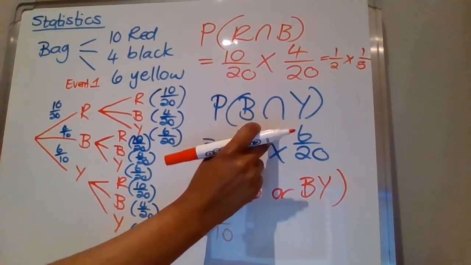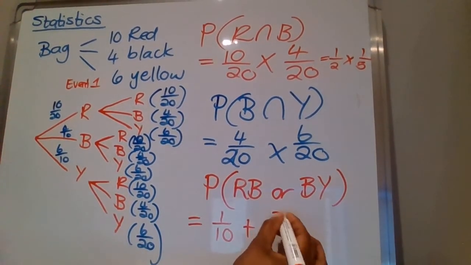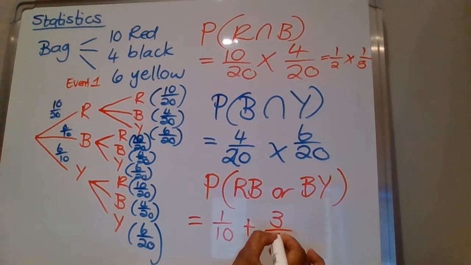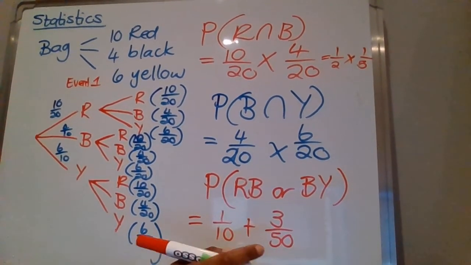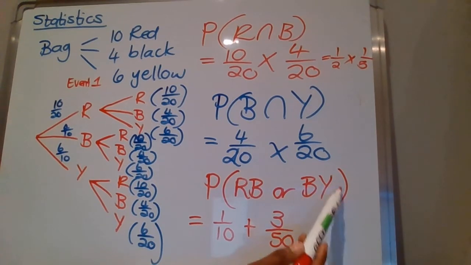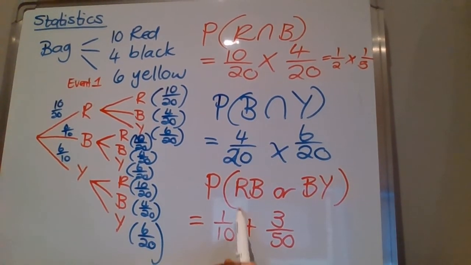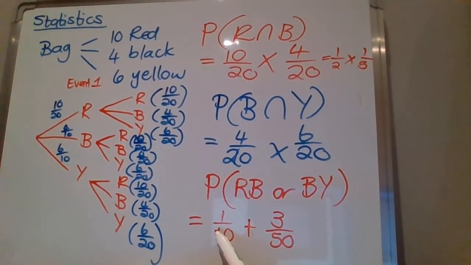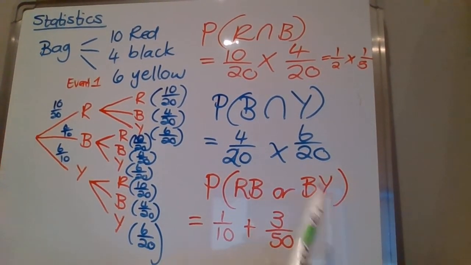So 1 times 3 is 3. Okay, 5 times 10 is 50. Okay, so the probability of me getting a combination of red and black, or getting a combination of black and yellow, is going to be the probability of me getting a red and black, which I worked out to be 1 over 10, plus the probability of me getting a black and a yellow, which is 3 out of 50.